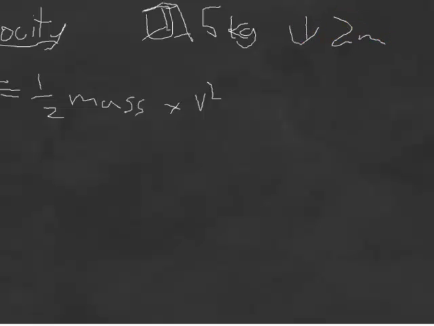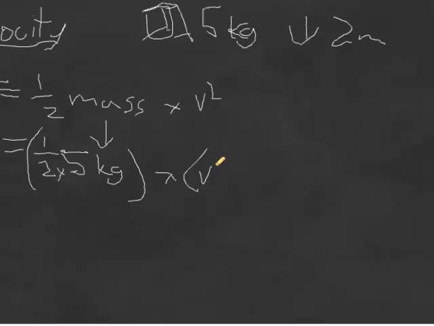So basically, kinetic energy equals half of the mass times velocity squared, which is equal to 1/2, and this is where you want the brackets, 1/2 of the mass, which is 5 kilograms, times velocity to the power of 2.